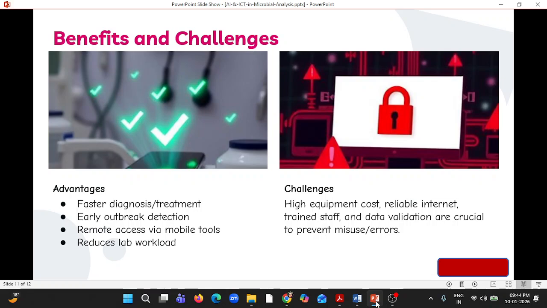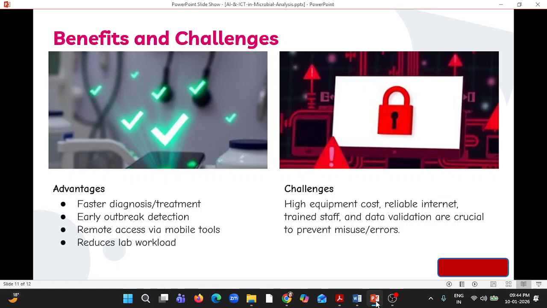Reliable internet availability is a mandatory part. Trained staff are required to use these apps, and data validation is crucial to prevent misuse and error.